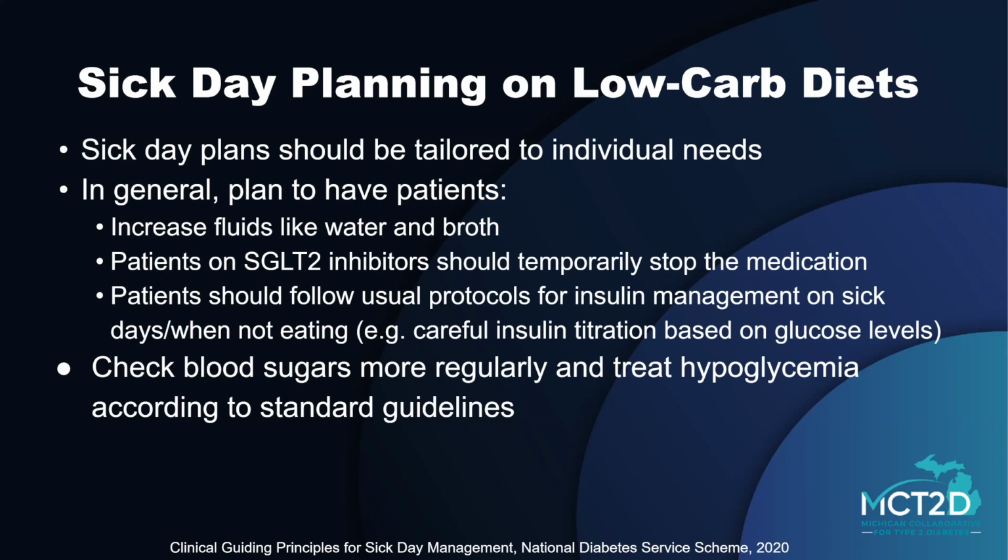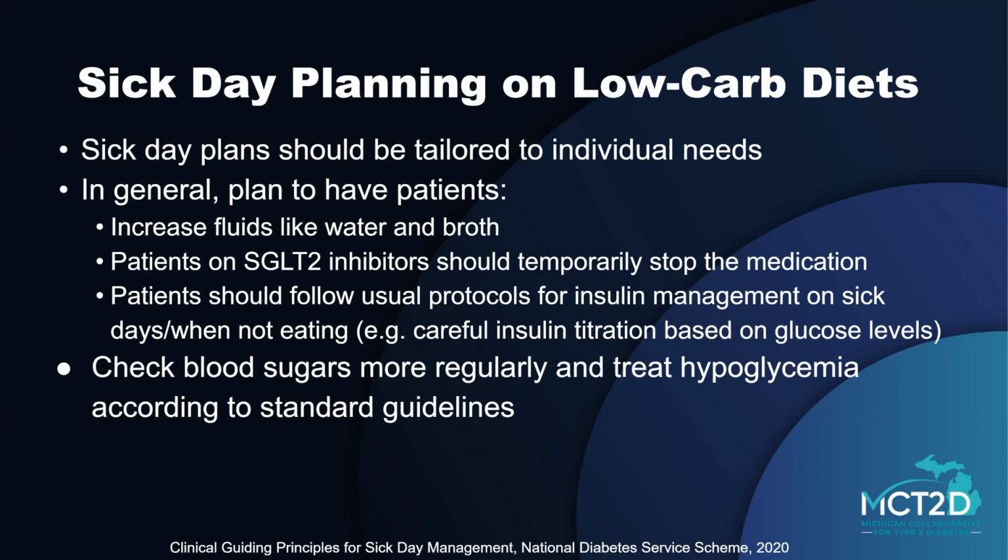That means on days when they stop eating because they're not feeling well, because they're nauseous or vomiting, have diarrhea, days when they're not drinking enough fluids, they have a fever and are getting dehydrated. It's really important that they know what to do to keep themselves from going into euglycemic DKA because of their decreased carbohydrate intake and because of the SGLT2 inhibitor on at the same time and their dehydration.